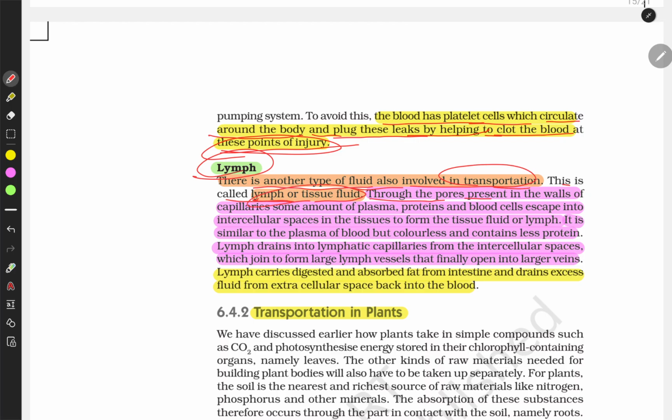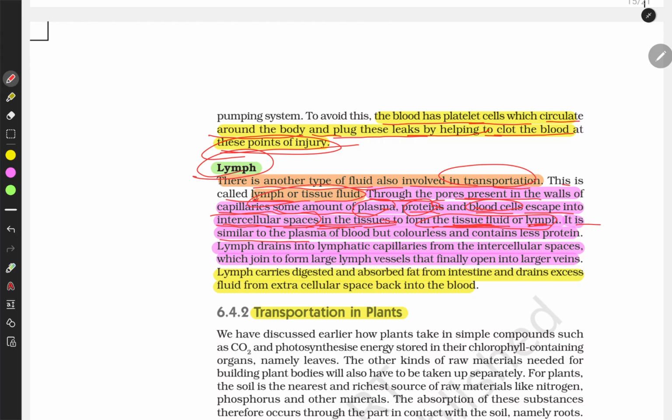Through the pores present in the walls of capillaries, some amount of plasma, protein, and blood cells escapes into the intercellular spaces in the tissues to form the tissue fluid or lymph.